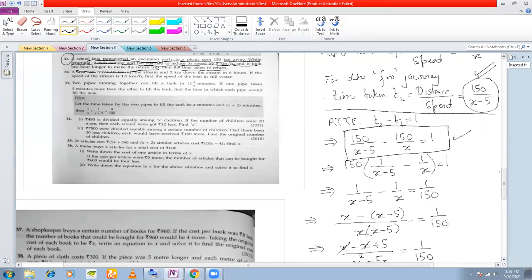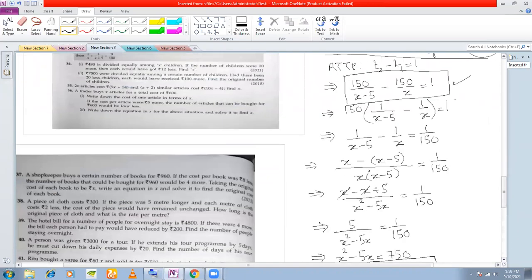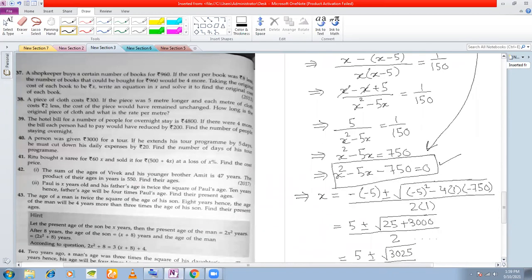You can choose this option, or I can give you this equation also among the options. That is a simplified form. So from here, you will have to simplify your equation to get this, and then you will choose this option.